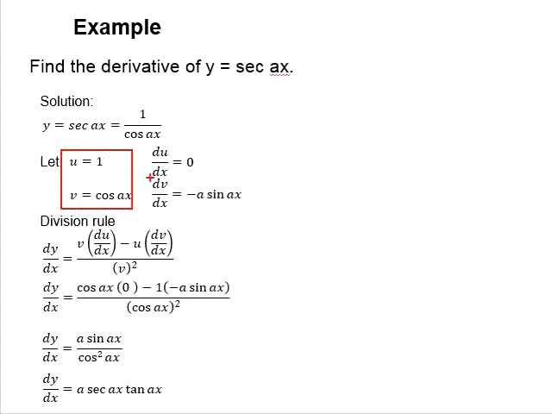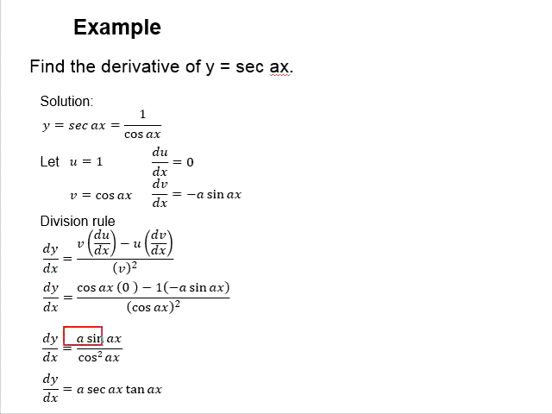Differentiate v and u with respect to x, you get these two. Use the division rule, where you obtain (v du/dx minus u dv/dx) divided by v squared.